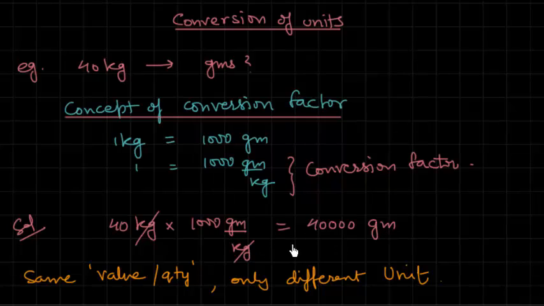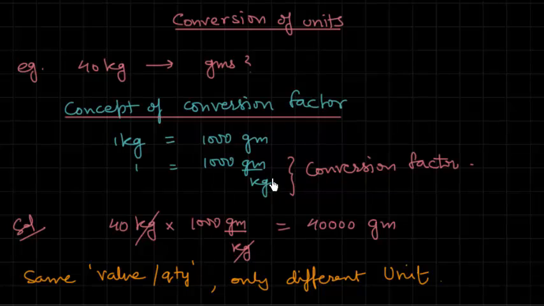This is a simple example, but we'll do some difficult unit conversion problems also, where we will use the same concept. We write the relation between the two units, take 1 on one side and the rest of the things on the other side. This gives a conversion factor, which we multiply with the quantity we want to convert.